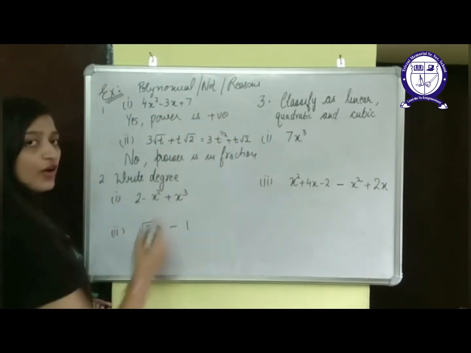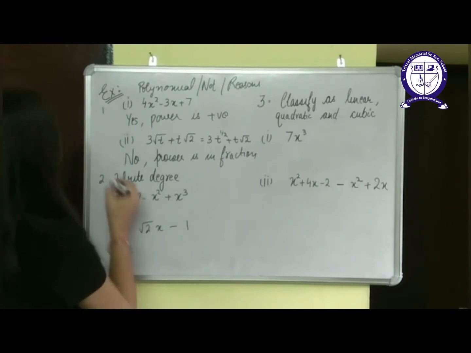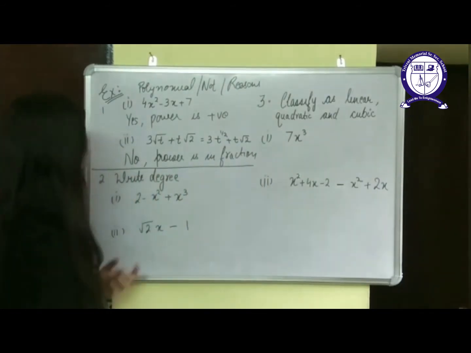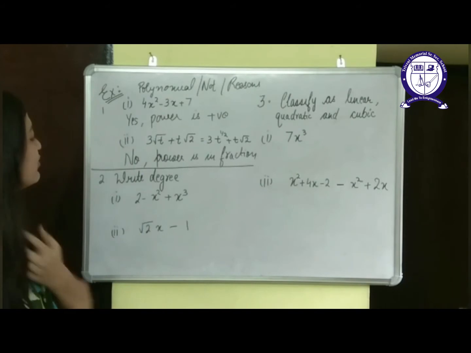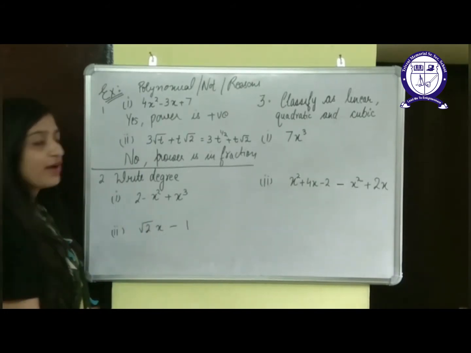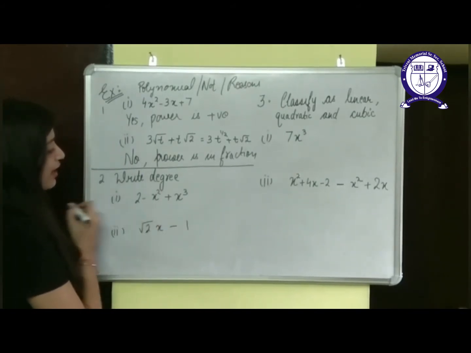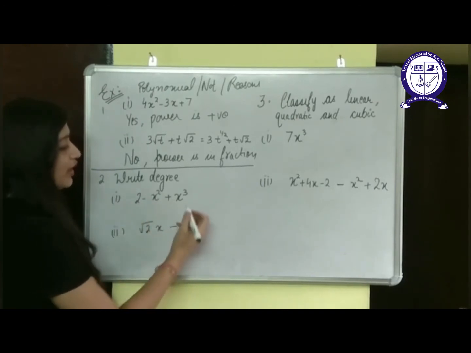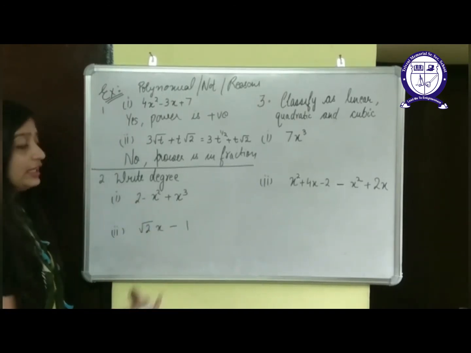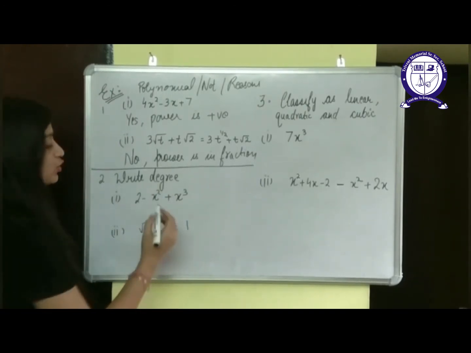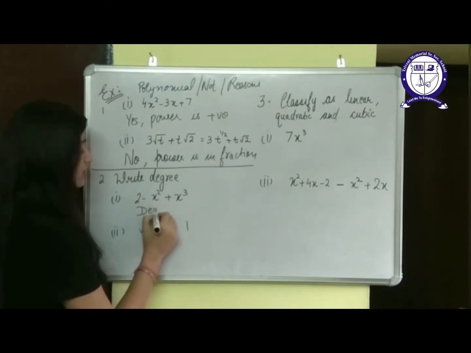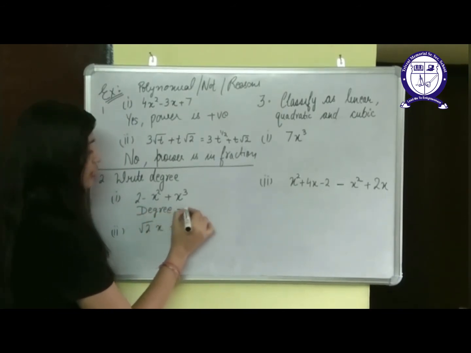Now my question number 2 is write the degree of the polynomial. We will see the highest power of x. Here we don't have x, here x to the power 2 and here x to the power 3. Now I know 3 is greater than 2, so my degree will be 3.